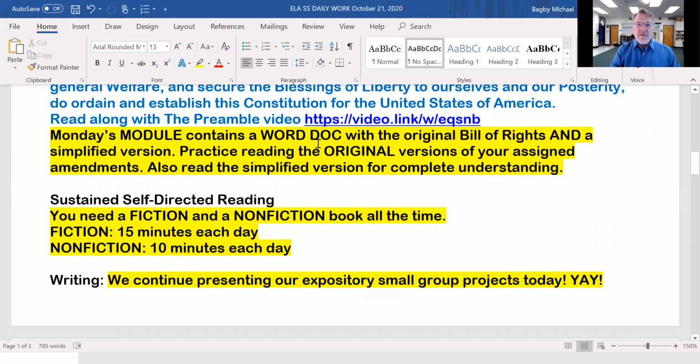You'll be stating the amendments, and I'll call on you in order. For example, let me look at my sheet here. We would start with my homeroom with Landon, and then Palash would read Amendment 2. Then Pyrrhus would read Amendment 3 because that's what they were assigned.